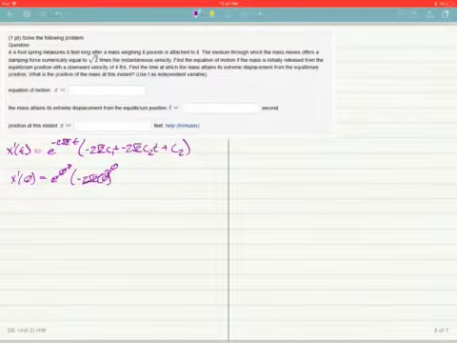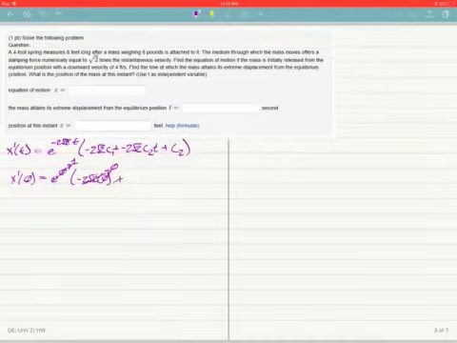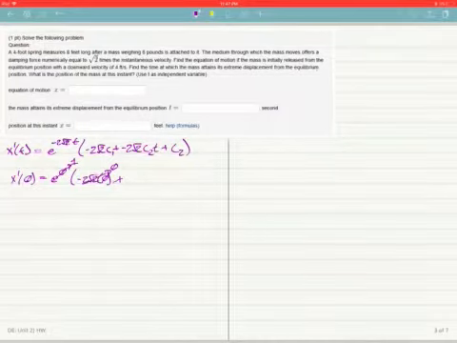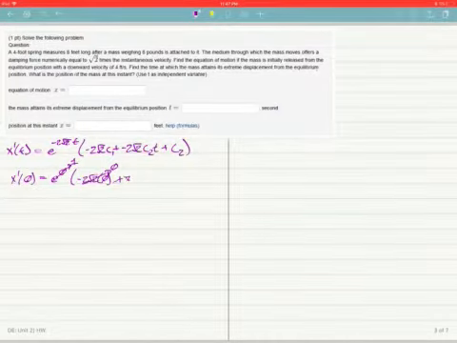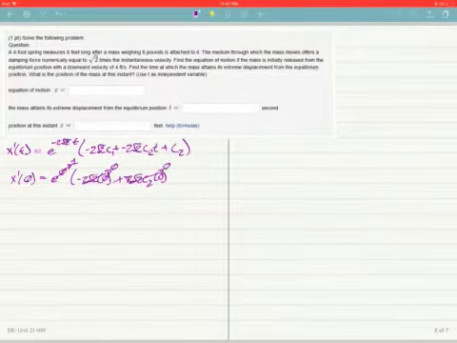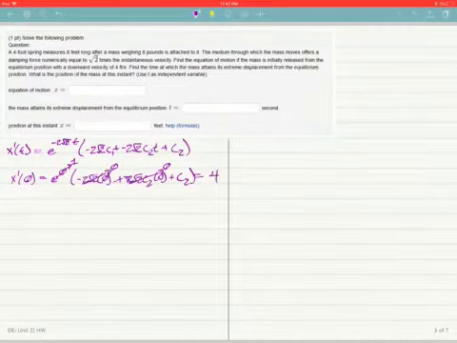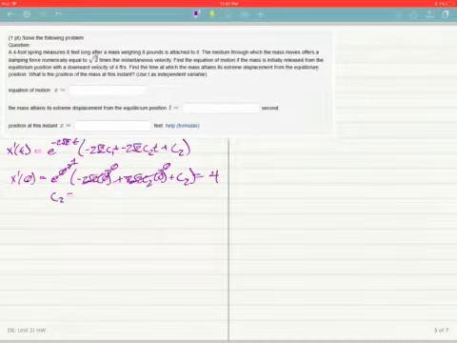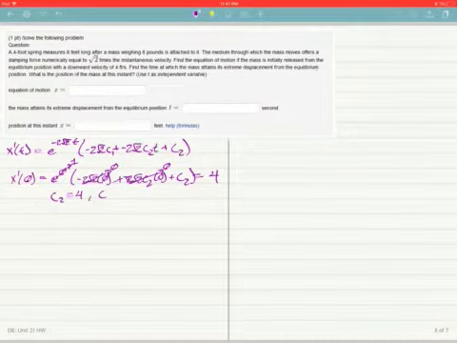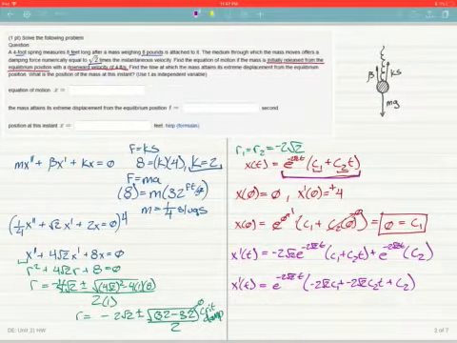This is gonna be 0 from our last constant, so this goes to 0, this goes to 1. Plus, time is 0, so negative 2 square root of 2 c2 times 0. That's all going to be 0 again, plus c2, and we know that that is equal to 4, so c2 here is equal to 4. c1 is equal to 0.